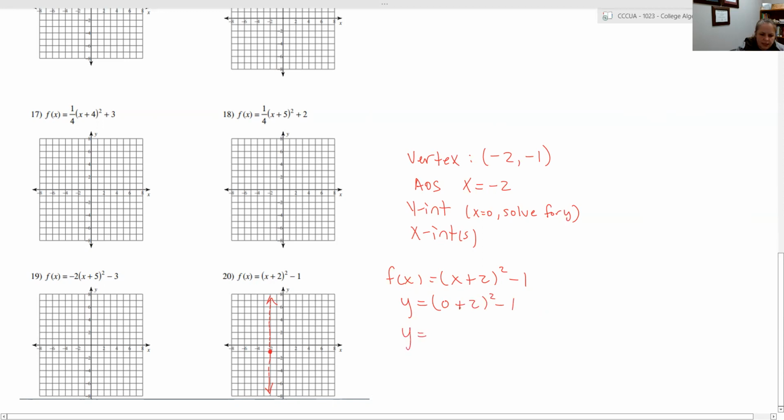So we get that y equals 2 squared, which is 4, minus 1, so y equals 3. So my y-intercept is (0, 3).